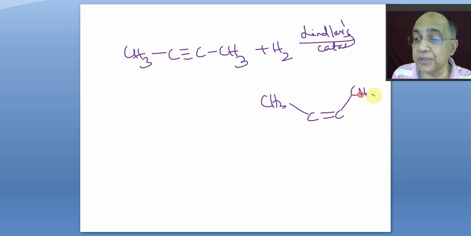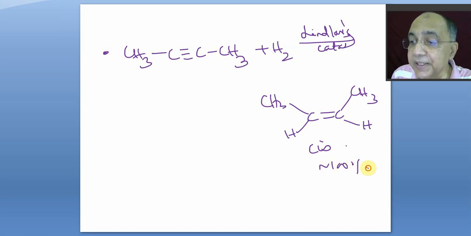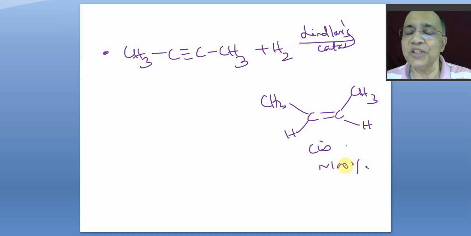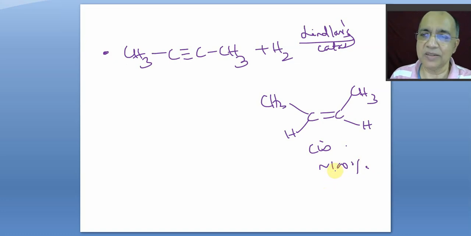It has a stereochemistry. It has a stereo identity. And if you are using another reducing agent, sodium in liquid ammonia, you are getting trans. So can you call this nearly 100%? Nearly. But can you call it stereospecific? It is highly stereoselective, almost completely in favor of cis, not trans.